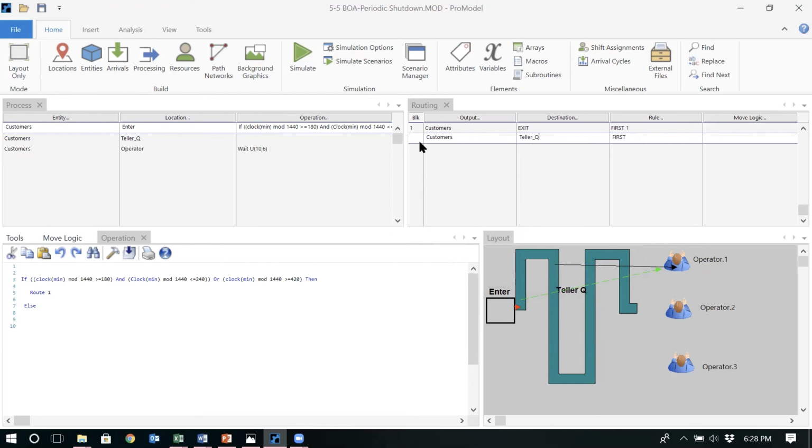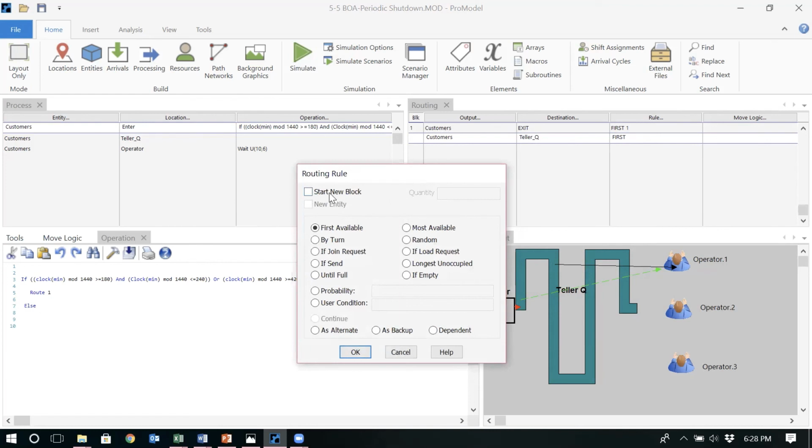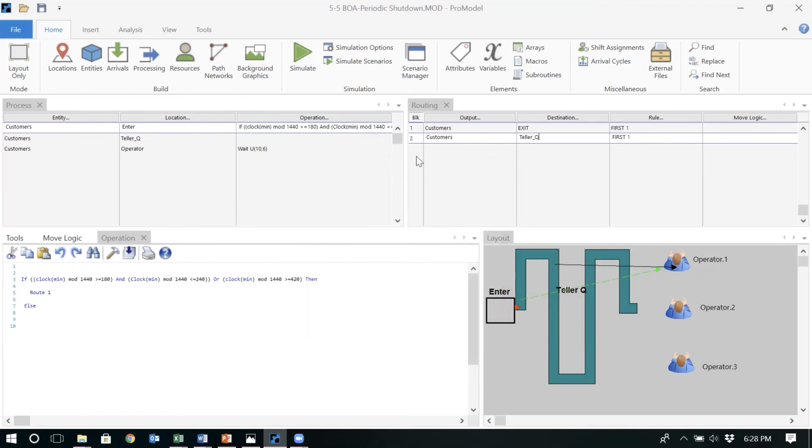To do that, I have to click on the rule. Here you see start new block. I have to check start new block and then press OK. Then this line gets a new block number. That's block number 2. So now I can refer to that as route 2.